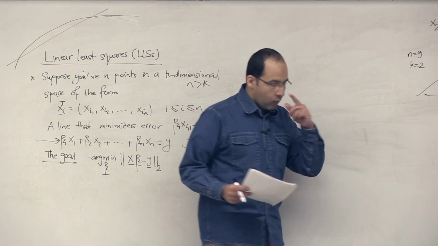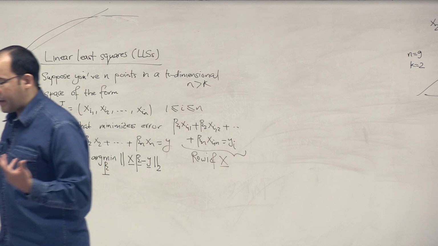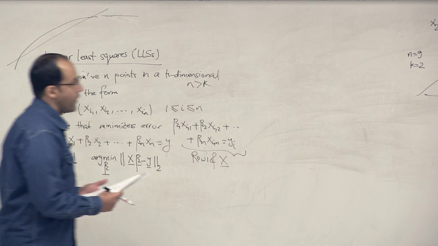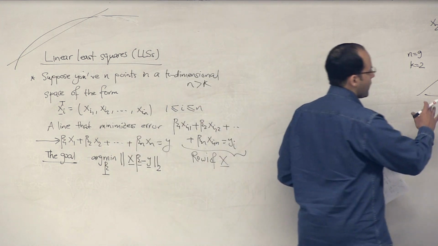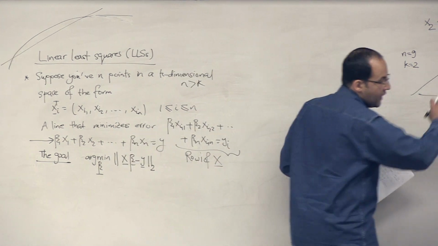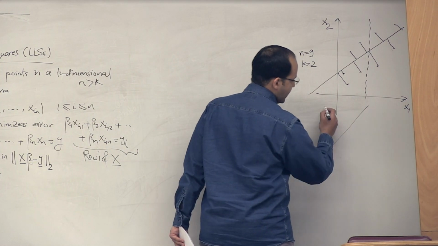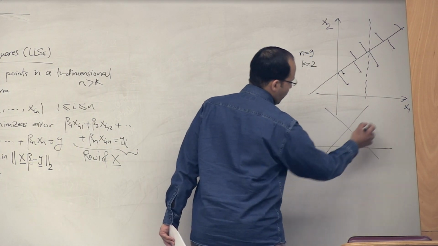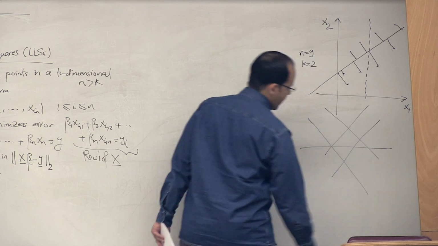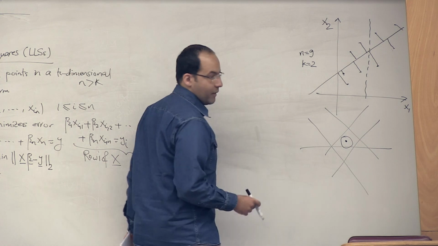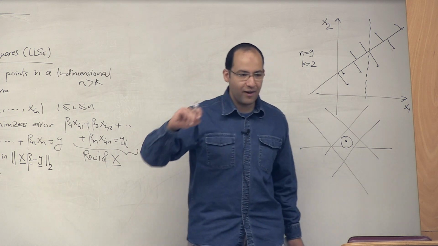Then the other thing I want to mention is that this problem is not particularly brand new for you. You have already seen this problem in another format, where you want to find a solution for a variety of lines that don't intersect, and you want to find the point in the middle that minimizes the distance to every line.